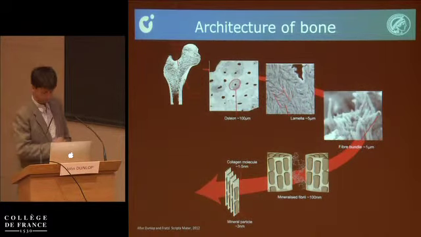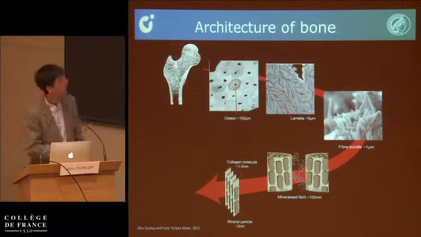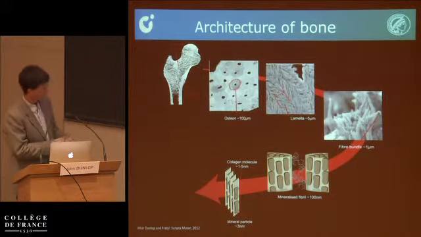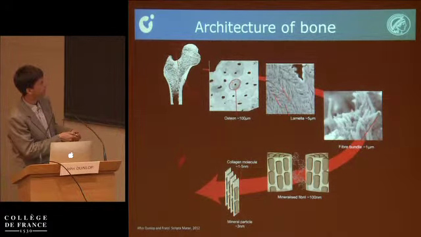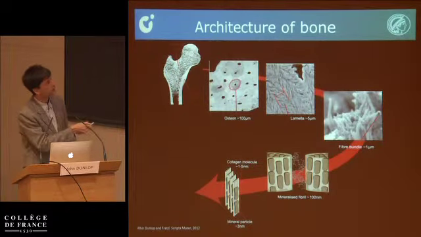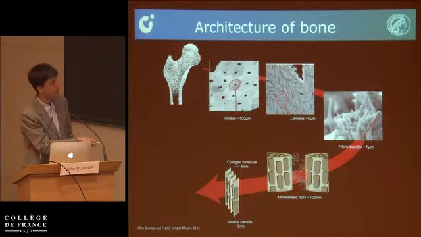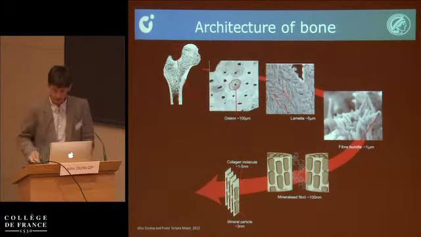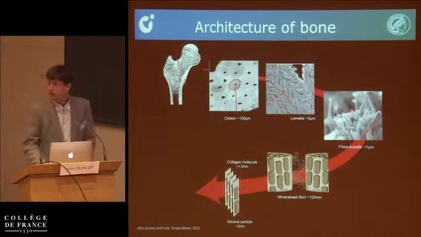We're going from the macroscopic scale, down through the different length scales, and you can see different levels of organization where we have lamella-like organization of collagen, we have fibers which are then mineralized, and then there's organization at the nanometer scale.